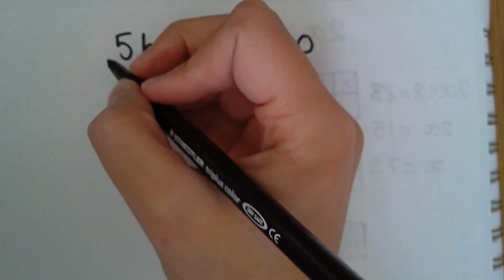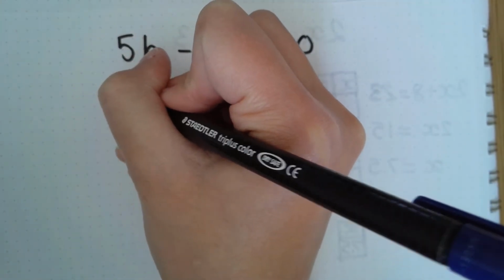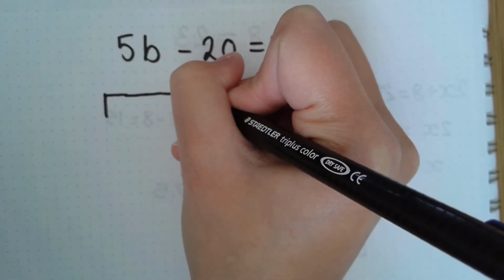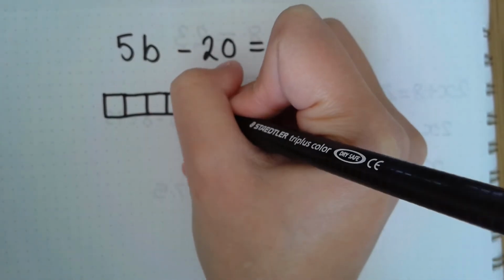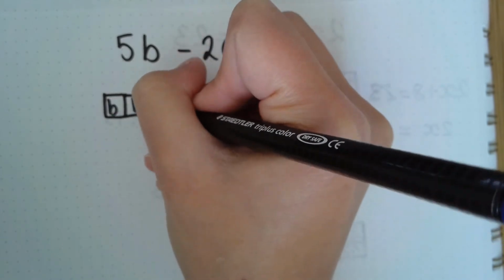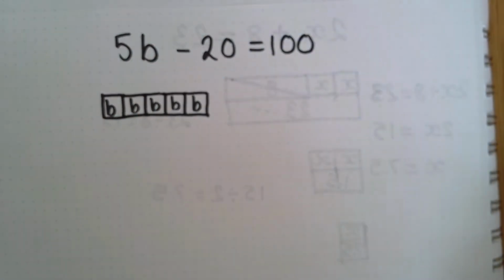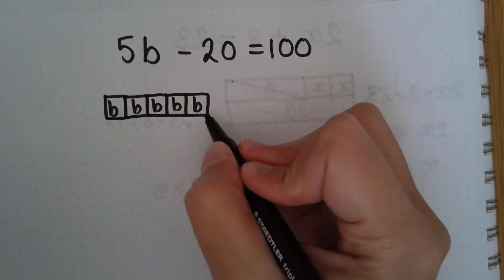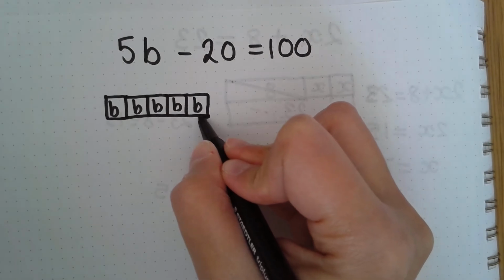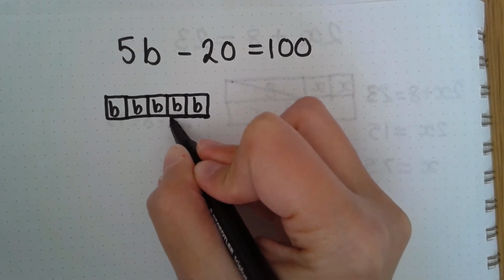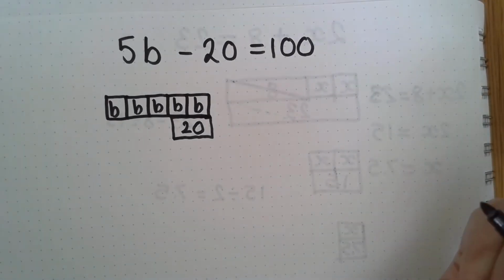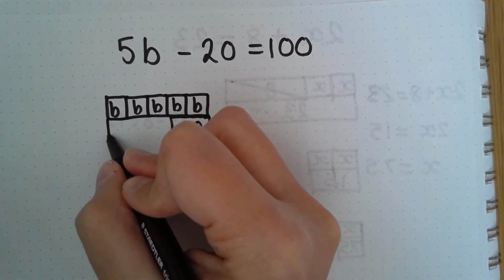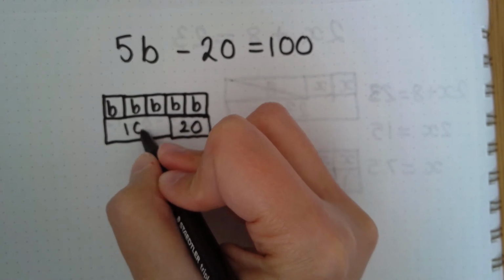So 5 boxes, 5 B's. 1, 2, 3, 4, 5. So B, B, B, B, B. Okay, take away 20. So I'm going to take off 20 here. Take away 20 is equal to 100. So this part in here left over is 100.